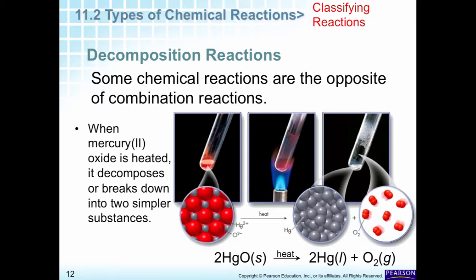When it's heated, you get mercury liquid, and the mass in your test tube was heavier compared to the mercury that's produced. So where did that mass go? It formed a gas. We now know today that that gas was oxygen.